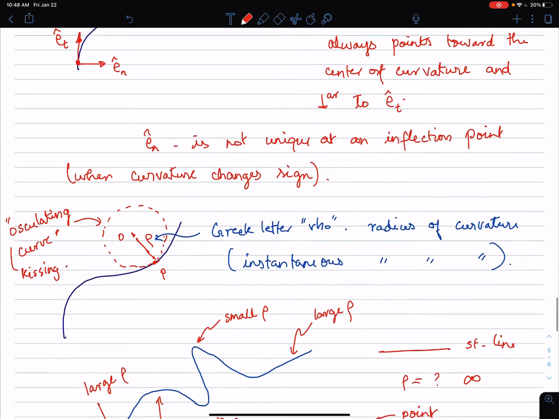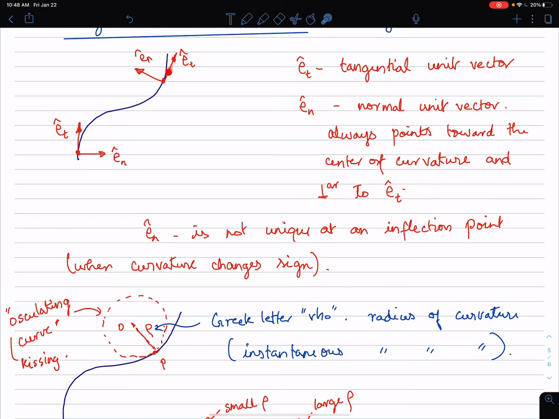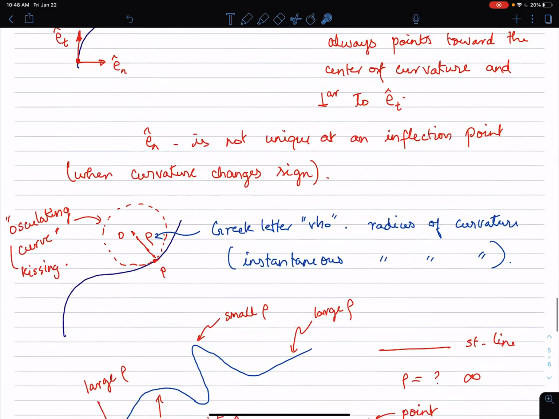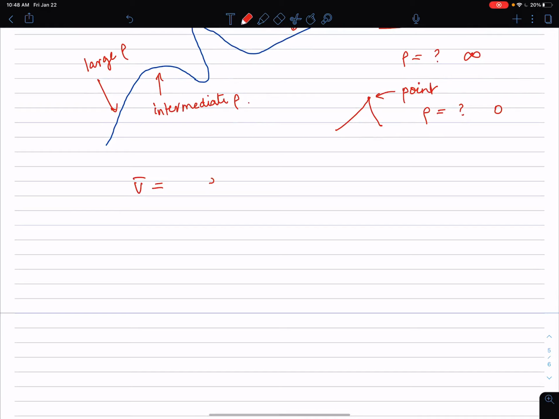But the velocity, well, we know that the velocity is going to be along the tangent. So the velocity vector v is going to be v et, right? So this is the direction, and the magnitude we just use the letter v for that. So this is the magnitude, and v is assumed to be greater than 0 by definition, because the velocity is always along et, pointed toward et by definition of et.